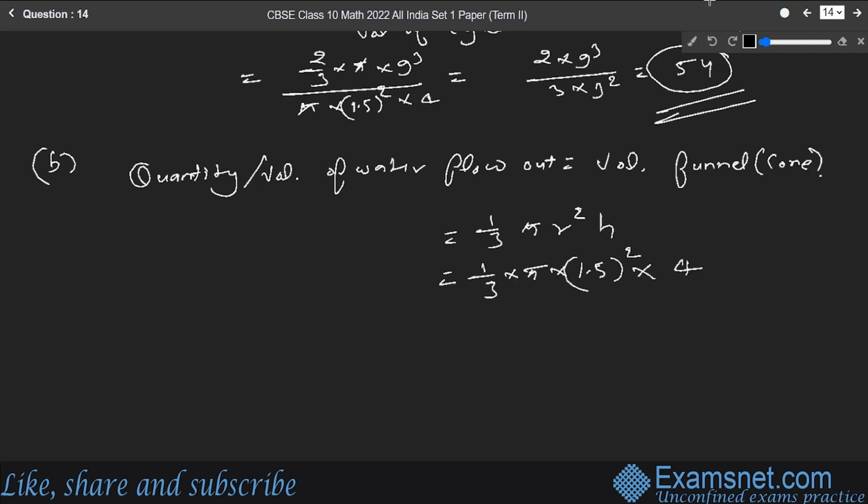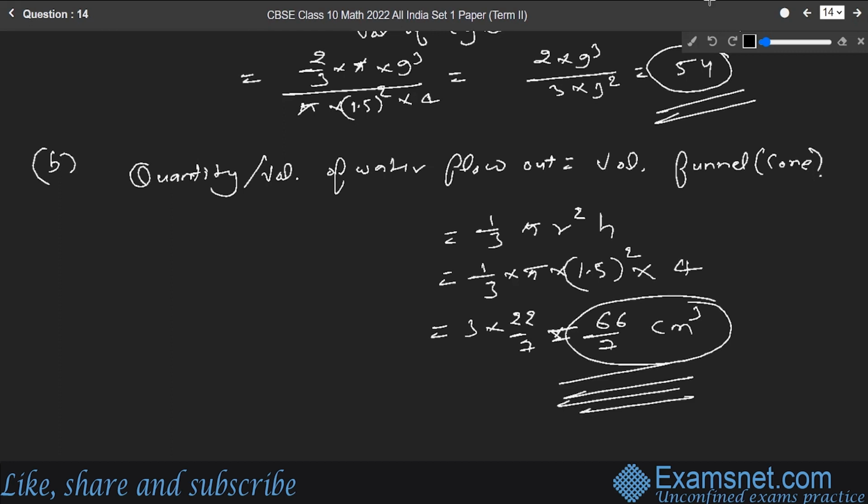If we further solve this, this is going to be 3 into 22 by 7 into, equal to 66 by 7 centimeter cube. So this much volume will come out of the cylindrical jar that is completely full and immersed by a conical funnel. That is the right answer.